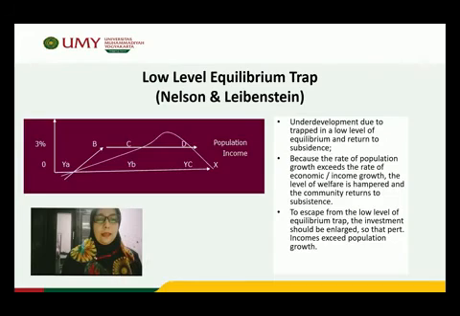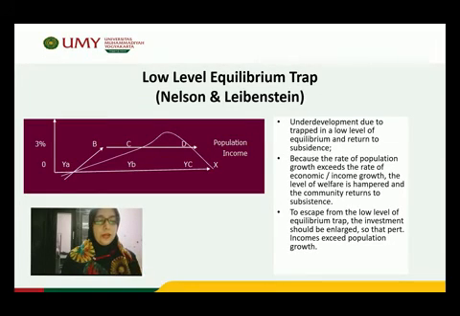This is the low level equilibrium trap from Nelson and Leibenstein. It is due to being trapped in a low level of equilibrium and returning to subsistence. The x coordinate is population income, and the horizontal coordinate is the income in percent.